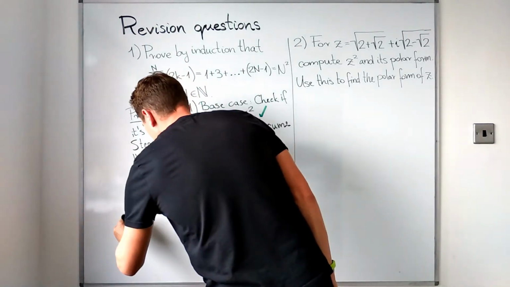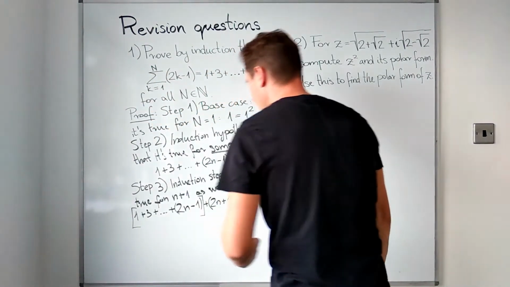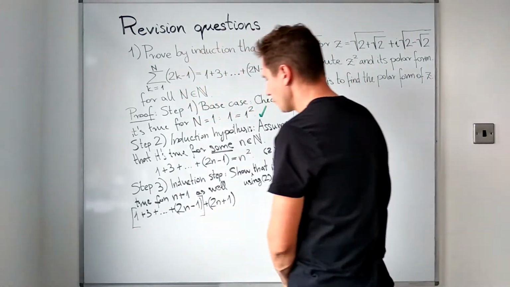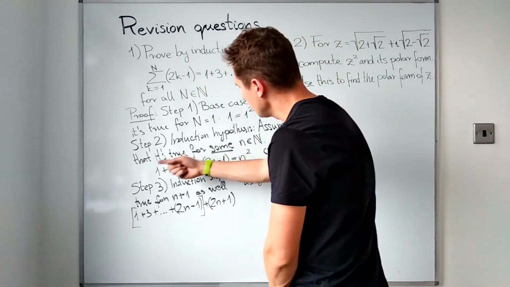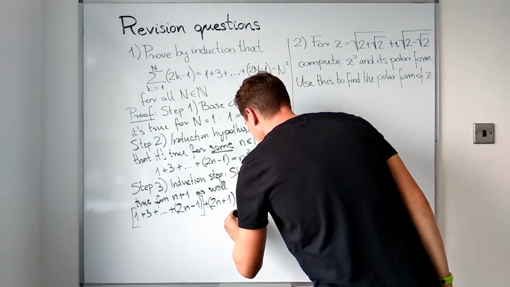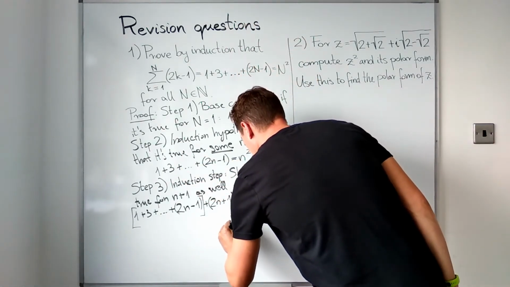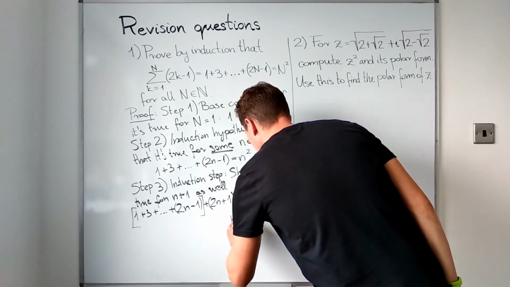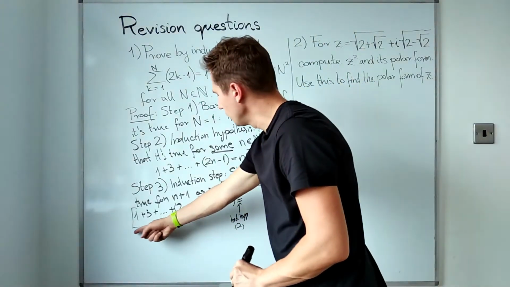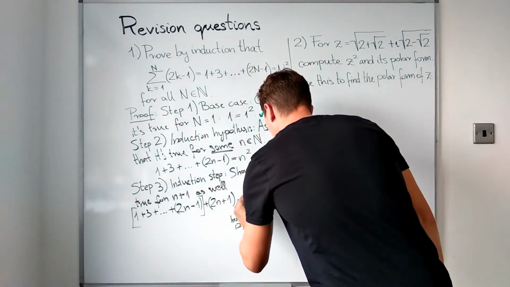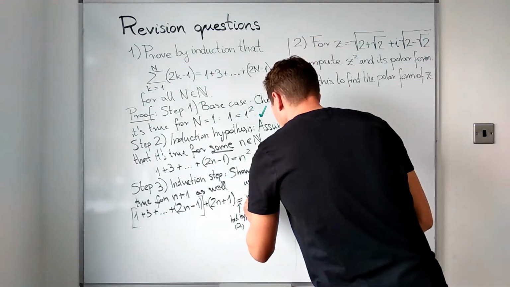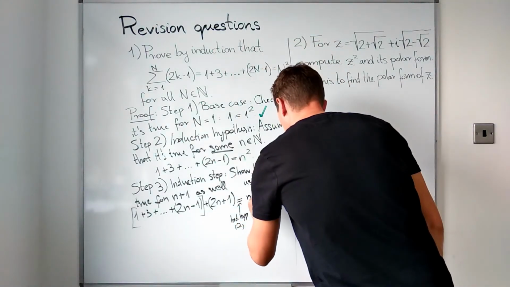We'll do the usual trick, that is to separate this sum into two parts, the first of which contains n terms, hence the induction hypothesis can be applied to it. So this is the crucial point where we apply the induction hypothesis, step 2, to this first piece to say that it is indeed little n squared, that is what we assumed, and the rest of the terms we keep untouched.